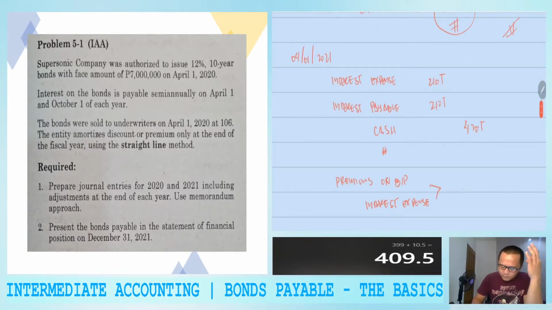So that is 10,500. Okay. So again, if we are asked what is the interest expense on April 1? 210 less 10,500. Okay.